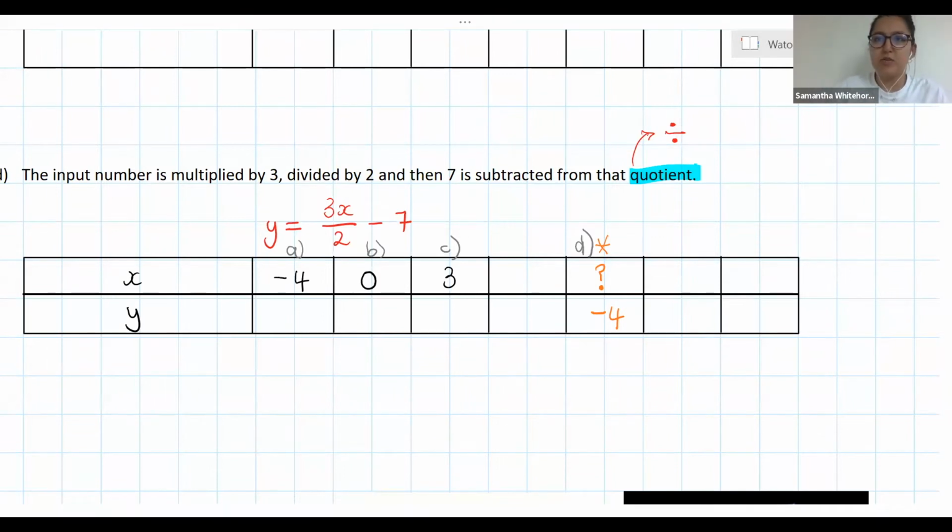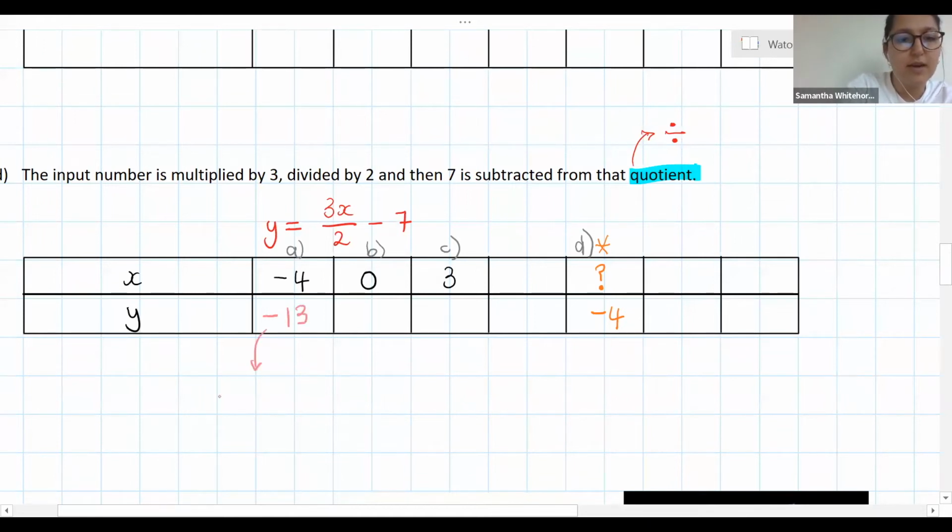Okay, Becky, do you want to tell us what the output is when our input is -4? The output is -13. Good, well done. So our output here is -13.